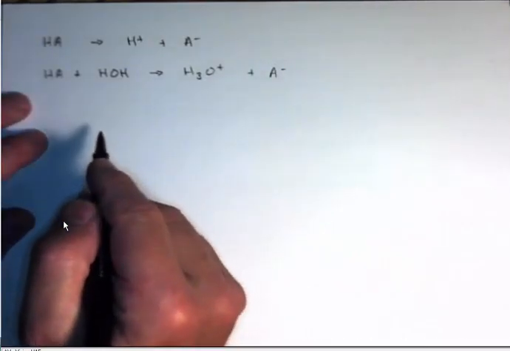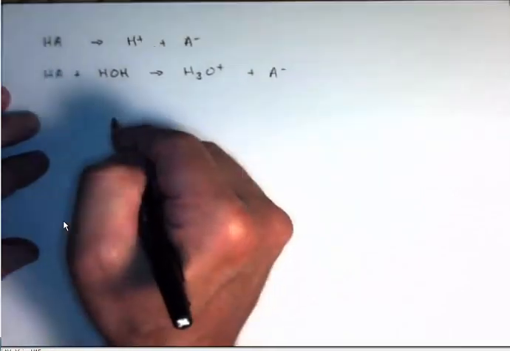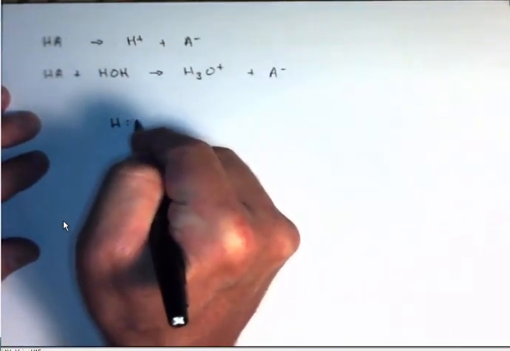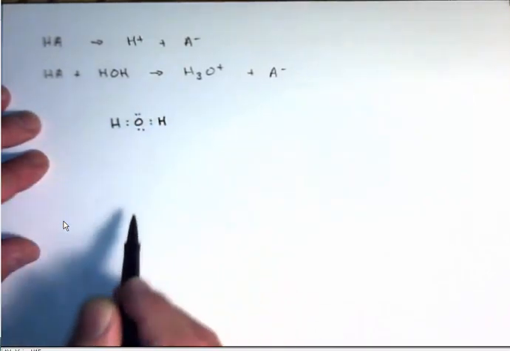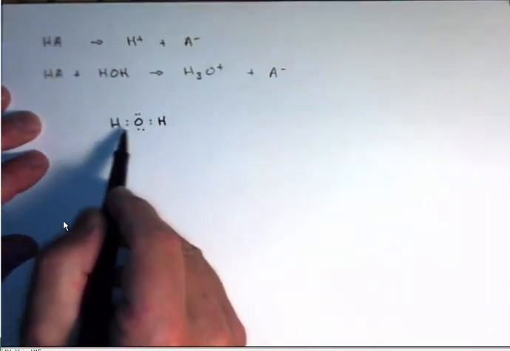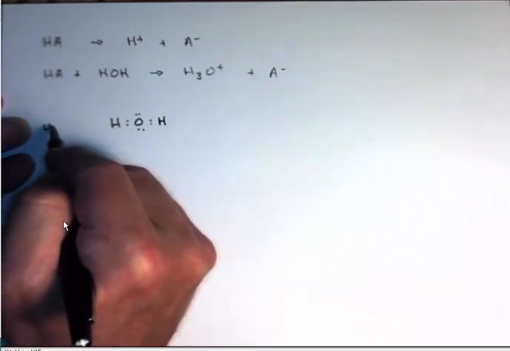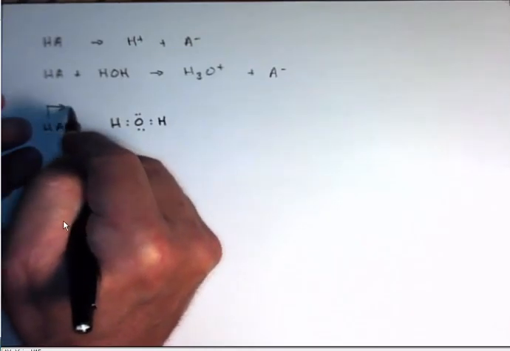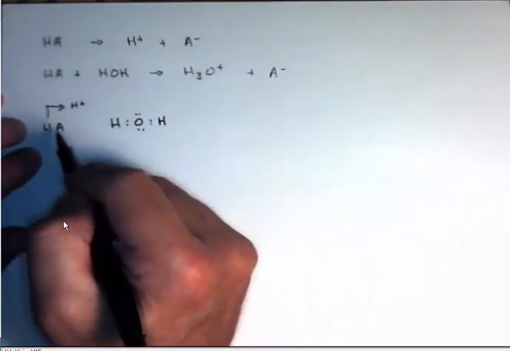If we were looking at this with Lewis dots, remember Lewis dots? Okay, water, or the oxygen in water, has two lone pairs. Okay, so this hydrogen from the acid, when it breaks loose, this is the Arrhenius part of the theory.